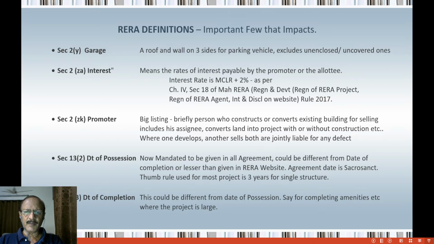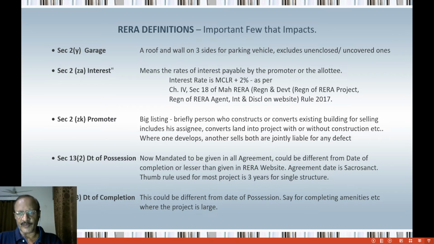The interest payable by the promoter to the allottee shall be from the date the promoter received the amount. So it is not from the date of default, but from the date he has received the amount. That is compensatory in nature when you come out of the project. But when you continue in the project, it will be penal in nature, and that will be from the date of default, not from the previous period. So those distinctions are there.